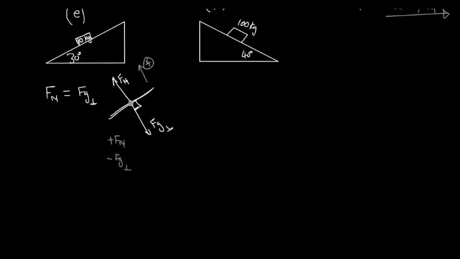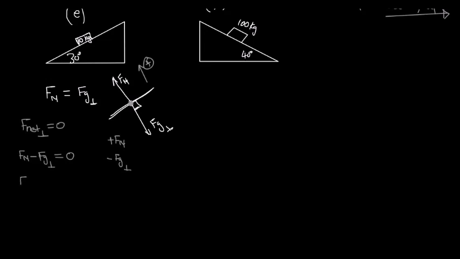After you know your direction, you know that F net of all the forces perpendicular to the surface is equal to 0. So you start summing up all the forces. You've got a positive normal force, negative y component of the gravitational force, and all of them are equal to 0 since these are the only forces acting perpendicular to the surface.